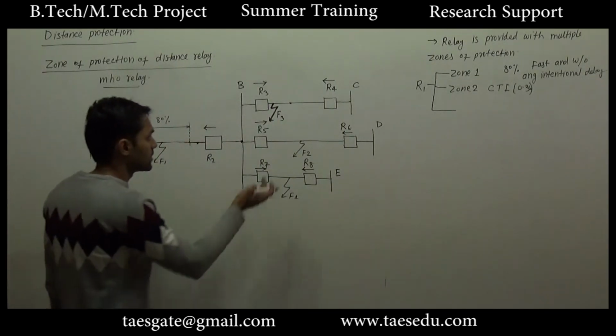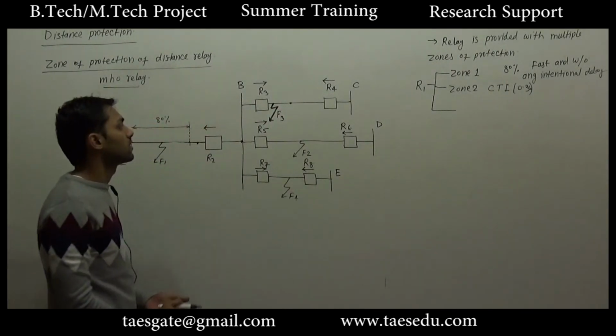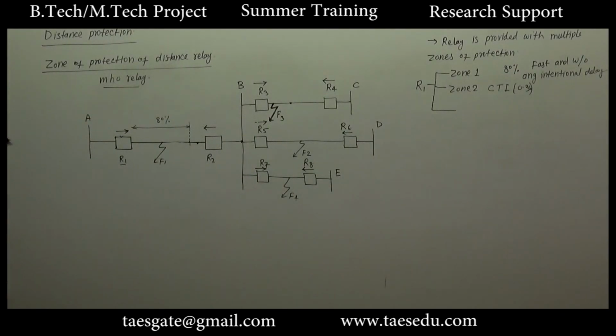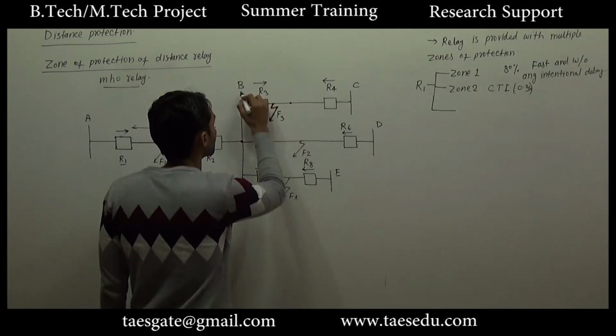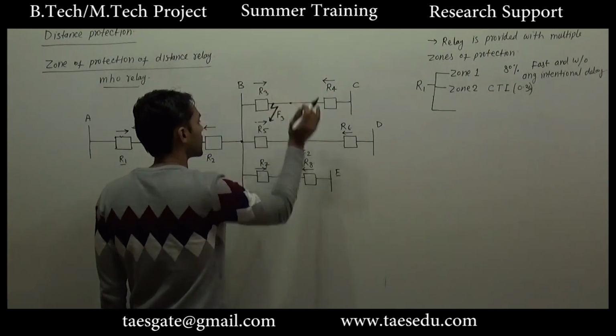Now again consider this fault F3. If a fault is near bus P, and if R3 fails to protect, there should be a backup protection.